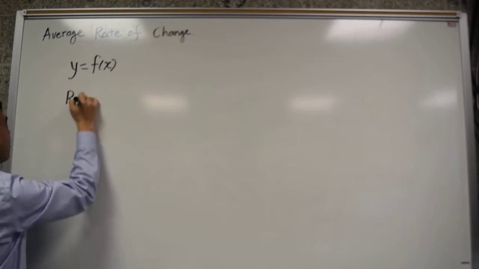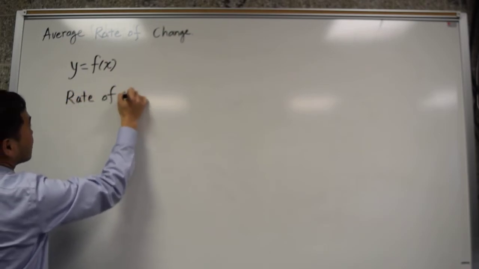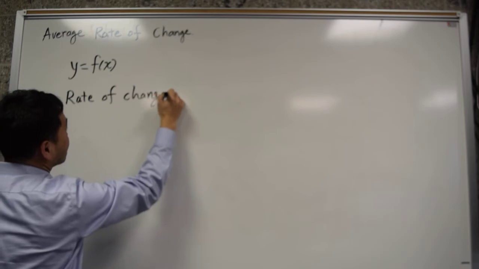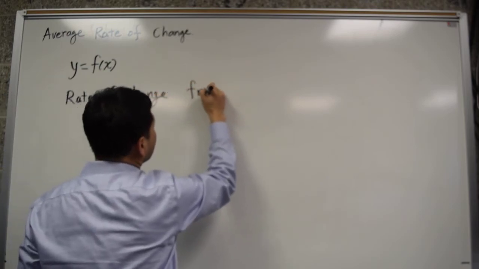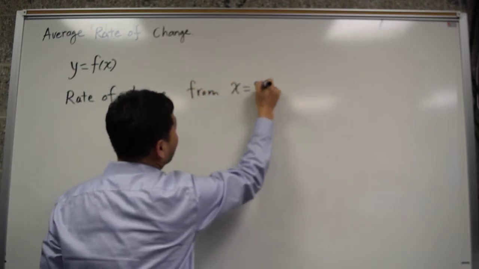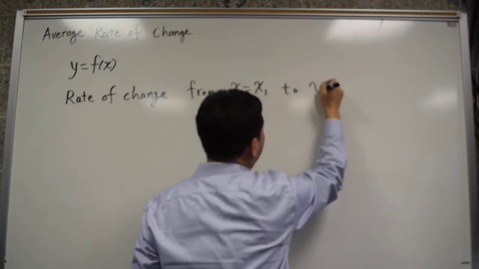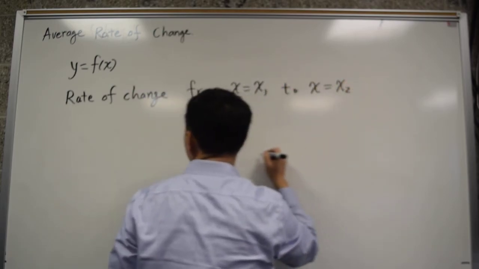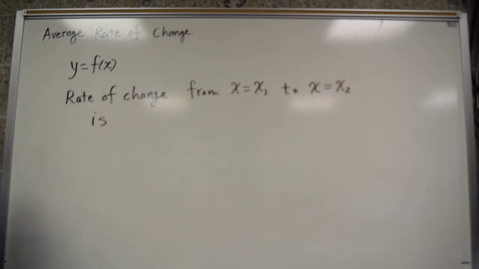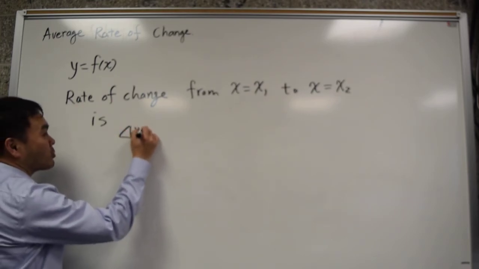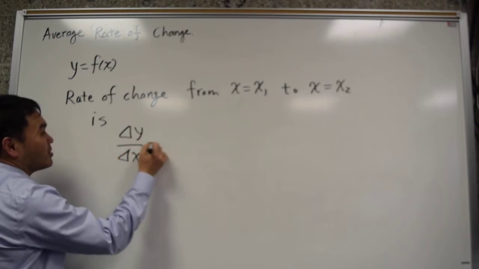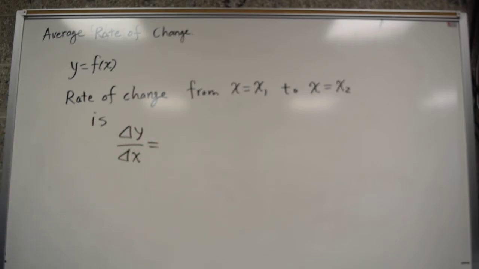The rate of change from x equals x1 to x equals x2 is, let's write down this formula, change of y over change of x. This is a mathematical fact. That's not going to change. We will always be calculating this.